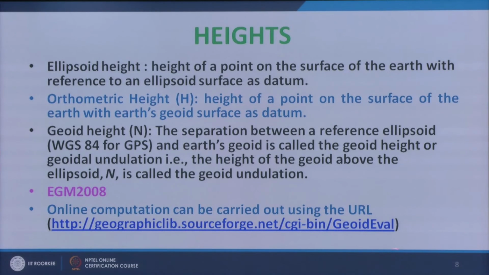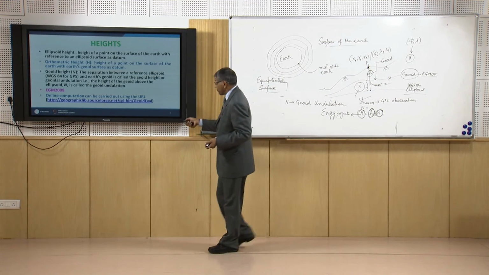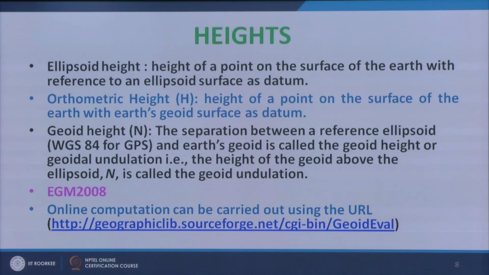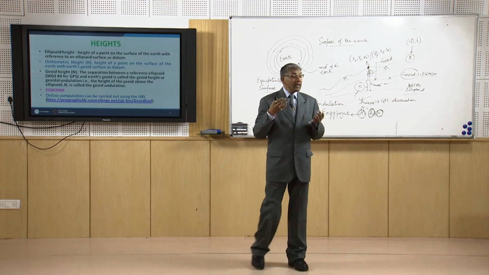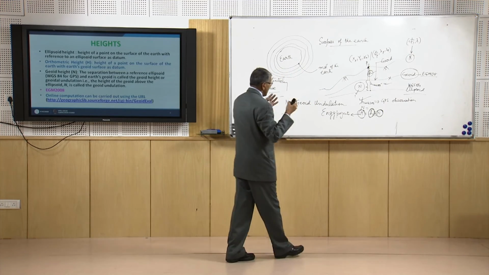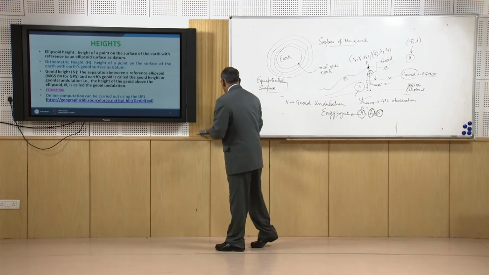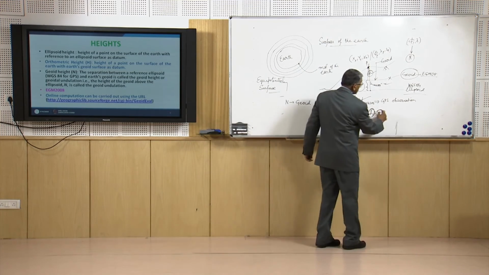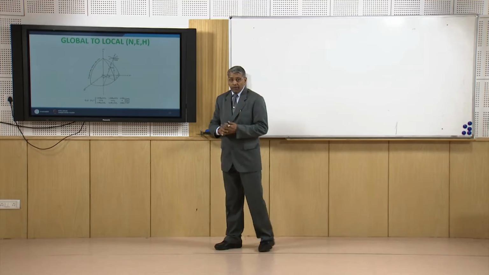In that software you have to give the latitude and longitude of the place, and that software will provide you the geoid undulation with respect to the WGS84 ellipsoid. You have to keep it in mind, and once you know this value, automatically from GPS you know this thing, so you will be able to calculate orthometric height.